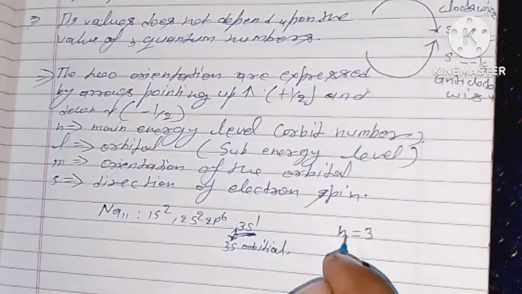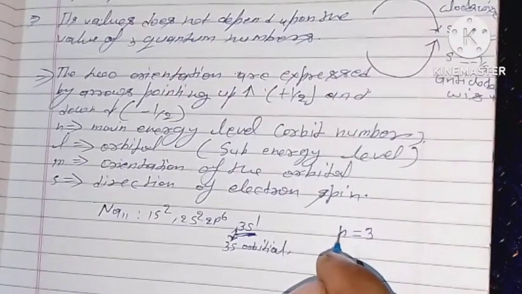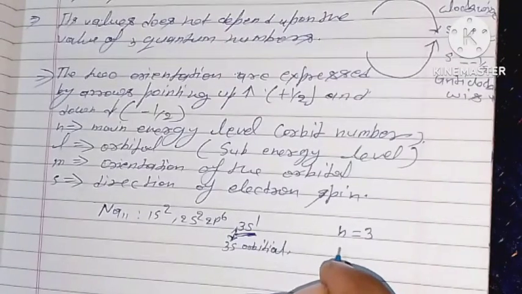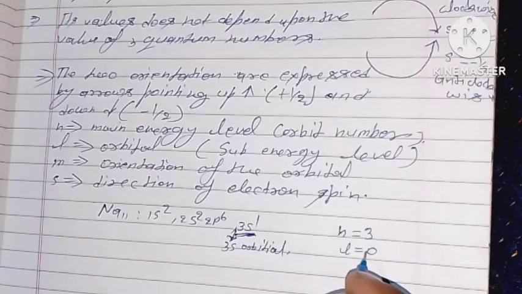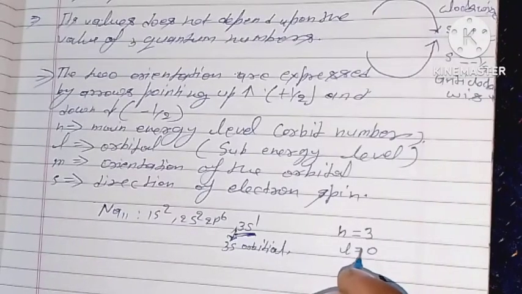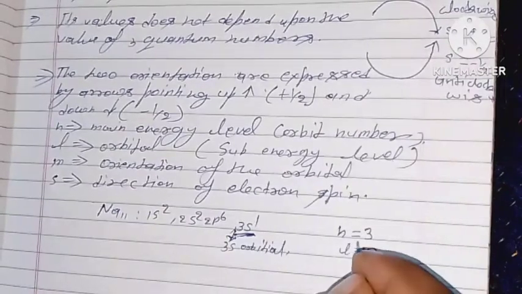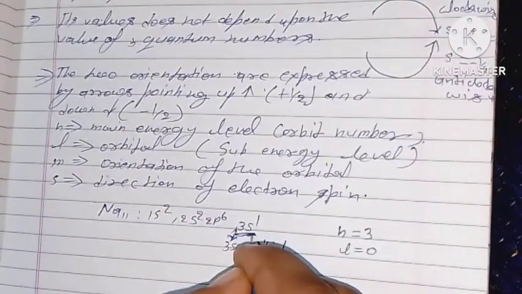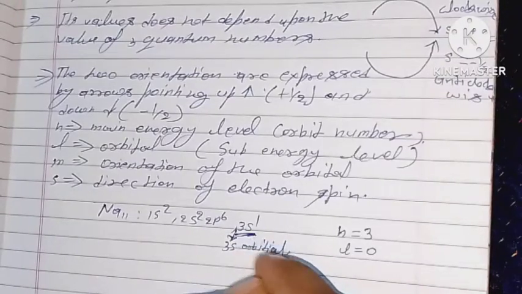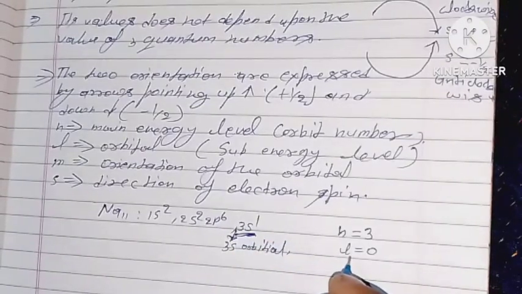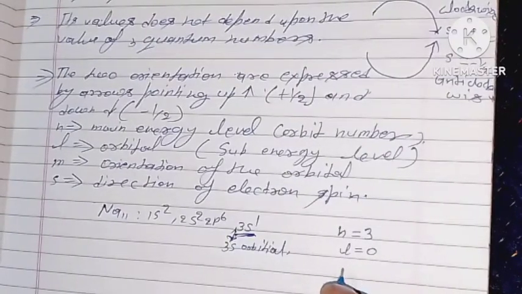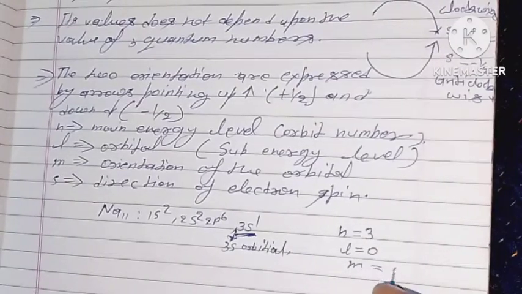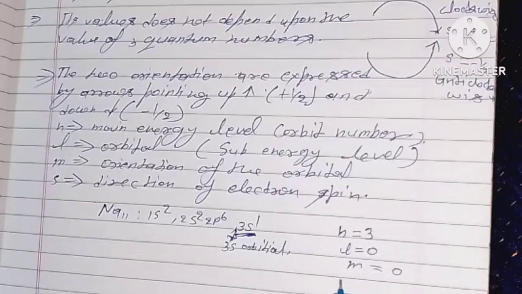As the last electron is in an s orbital, the azimuthal quantum number l equals 0. Since the last electron is in an s orbital, hence m equals 0. Now we can determine the spin quantum number.